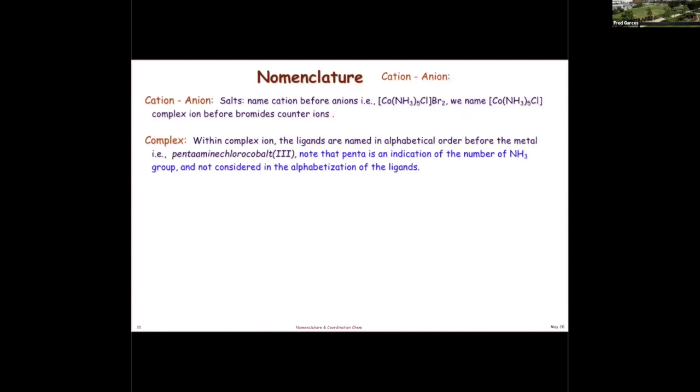Within a complex ion, the ligands are named in alphabetical order before the metal. So if you take a look at this right here, the ligand is amine, and there are 5 of them. So we have to use penta to indicate 5. Pentaamine, that takes care of the NH3 5 times.